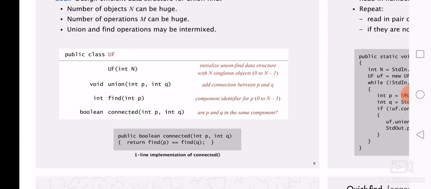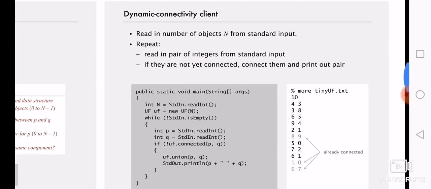First, let's see the connected function, which checks whether two objects P and Q are connected or not. Find identifies the component to which P belongs, and if P and Q are in the same component, then they are connected. So it's an easy one-line implementation.